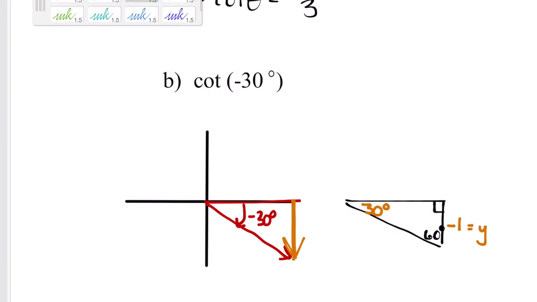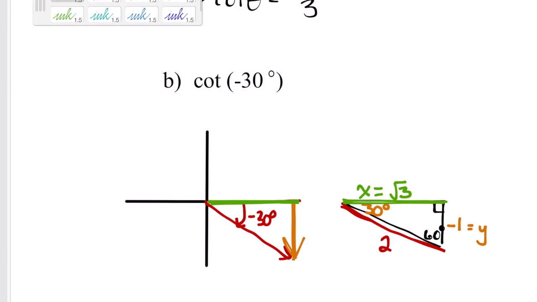Our hypotenuse here is going to be 2. And my x value, anything that's across from my 60, is going to be a square root 3. And because it's going to the right, it's going to be a positive square root 3. So this is my x value.